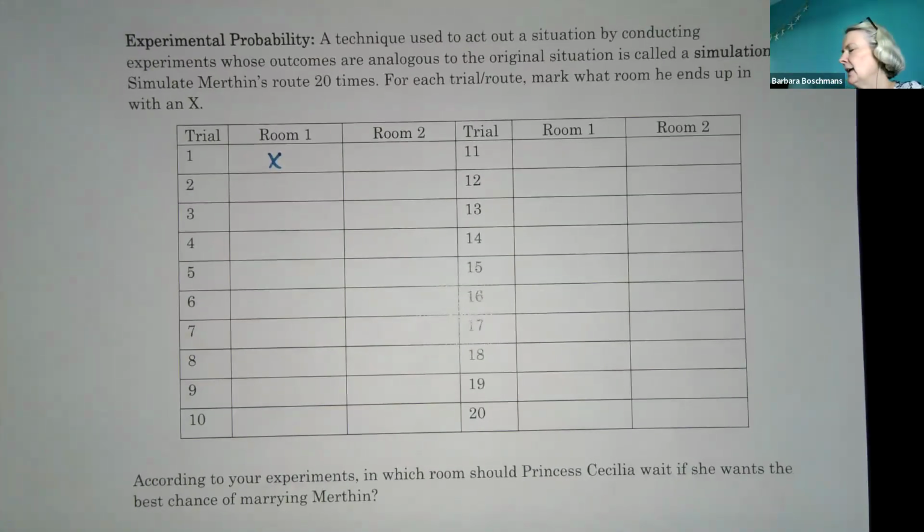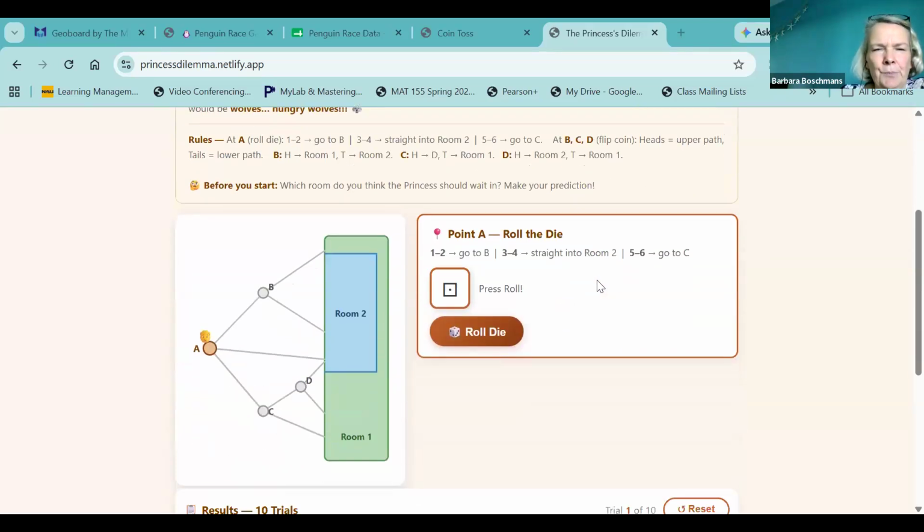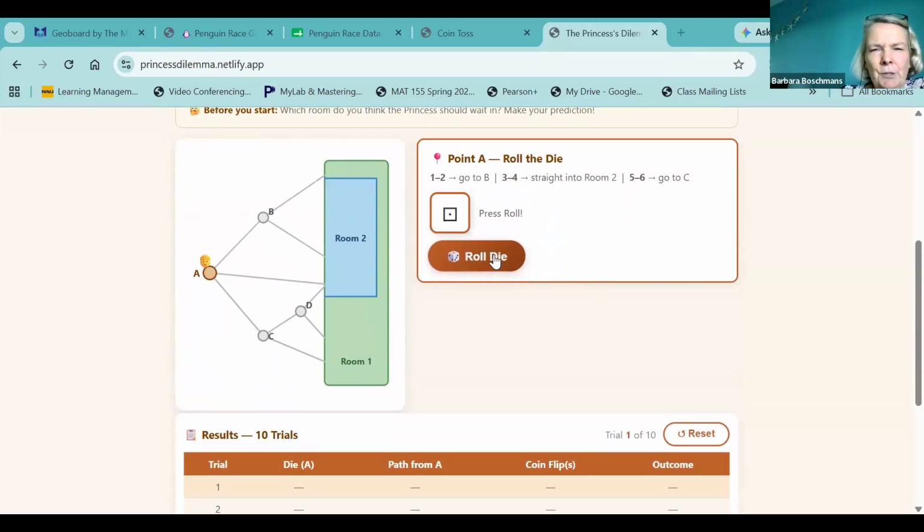I'm going to show you the virtual version of this, the app, or you can play it if you have a die and a coin. So this is the app, and you'll see the same story, the princess's dilemma. Here's the maze. I'm going to roll a die.